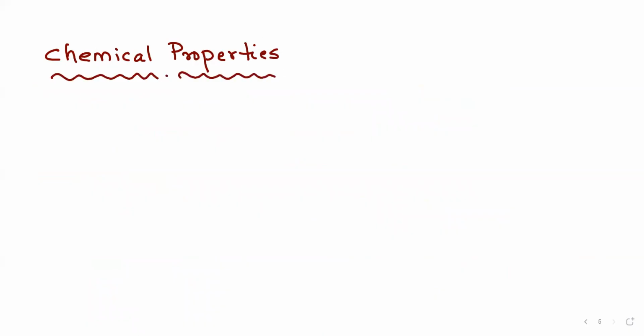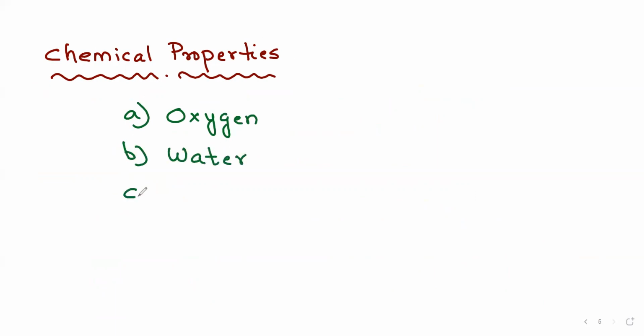Now we switch to the chemical properties of metals and non-metals. Chemical properties means how they react with other elements. First, we need to learn how they react with air, that means reaction with oxygen. Second is how they react with water.